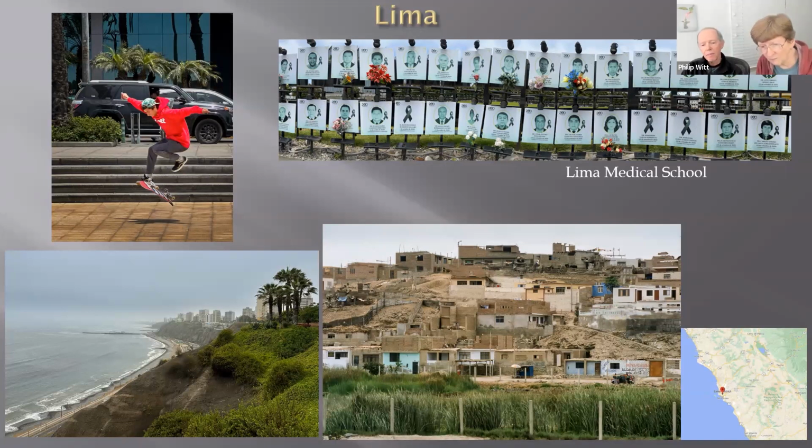And the bottom right picture is from an outskirts area near one of the wetlands that Phil and I went to on one of our trips to see some birds. It's sort of developing. It doesn't look so great.